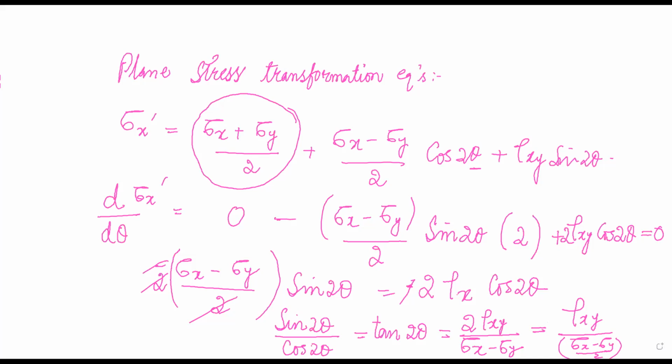So if I am writing this now, what is this value of theta? This is not any value of theta. This value of theta represents either the maximum value or the minimum value. Are you getting me or not? So I write this as tan 2 theta subscript p.